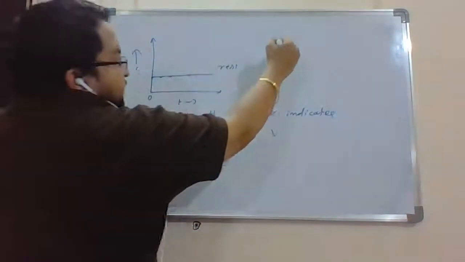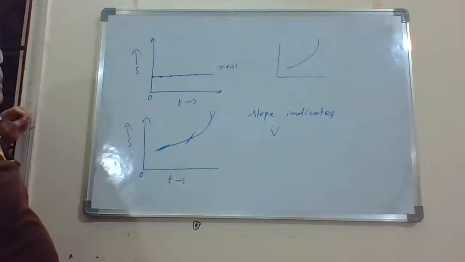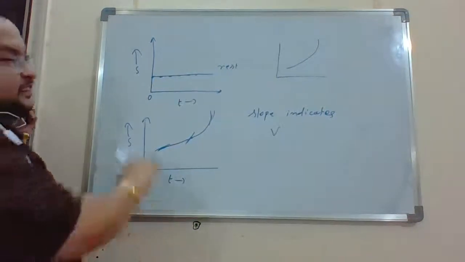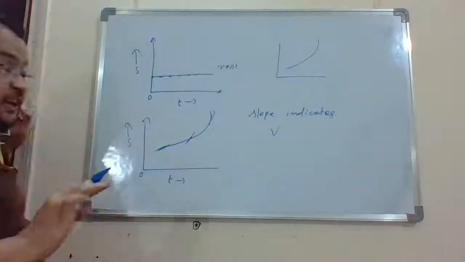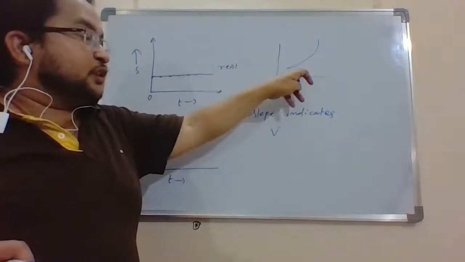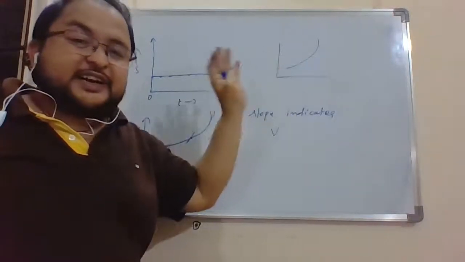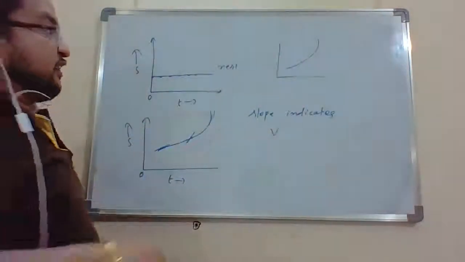So remember students, an upward trending graph indicates acceleration. Again, from this graph we will not be directly able to say whether this is uniform acceleration or not. We are only saying that yes, it is accelerating.